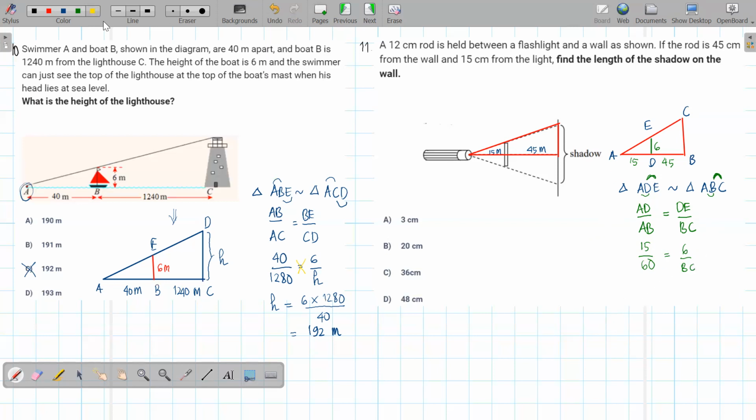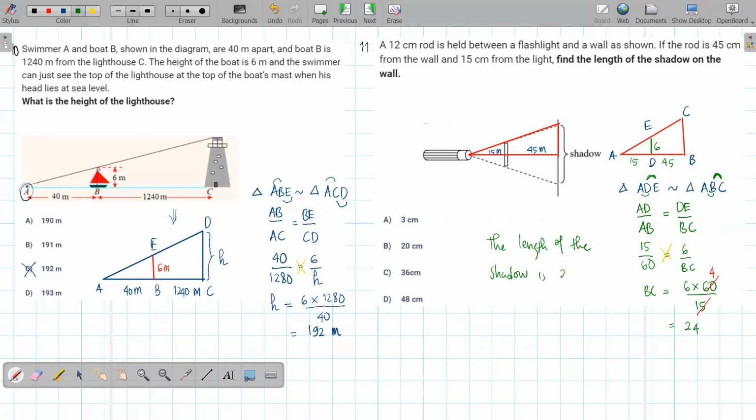To find BC, again we apply cross multiplication. BC equals 6 times 60 over 15. We simplify: 60 divided by 15 is 4, and 4 multiplied by 6 is 24.